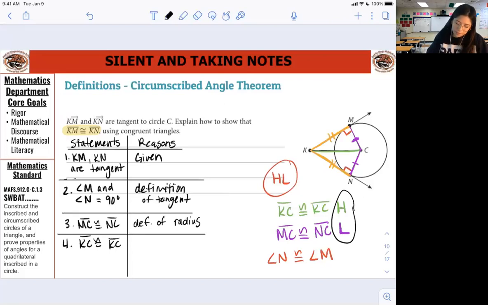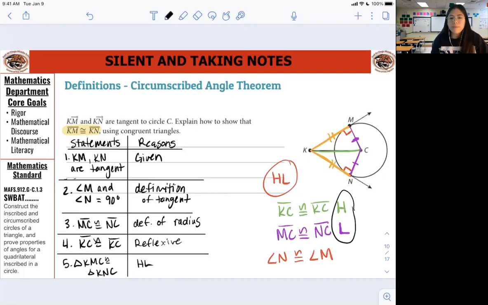Good, reflexive. All right, so now I know that triangle KMC is congruent to triangle KNC because of HL. And there's one last step. Think about it in your head what it's going to be.